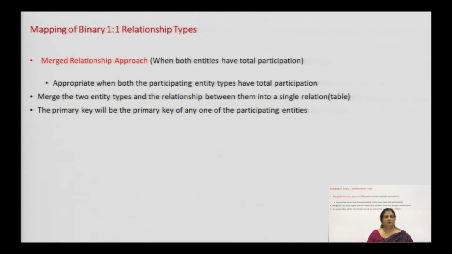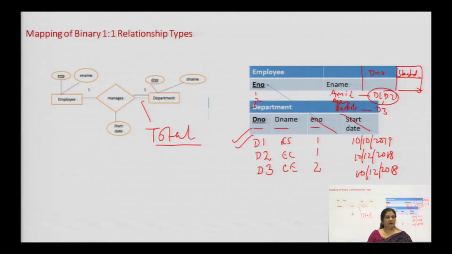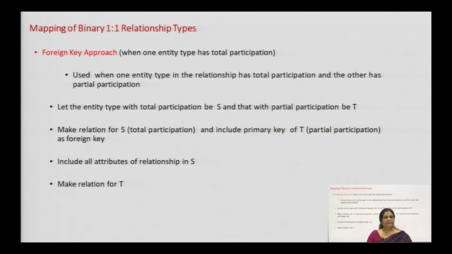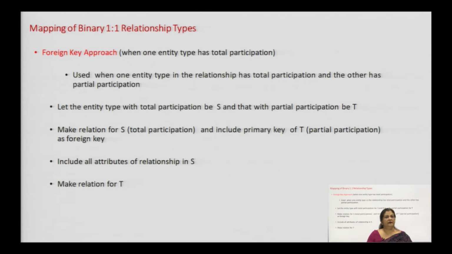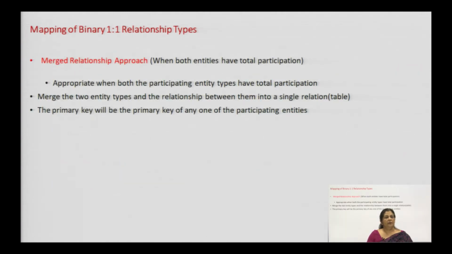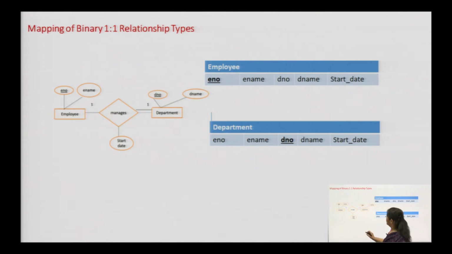The second method was the merged relationship approach, when both the entities have a total participation. So, over here we see that both the entities have a total participation. In this case we will use the merged relation approach.